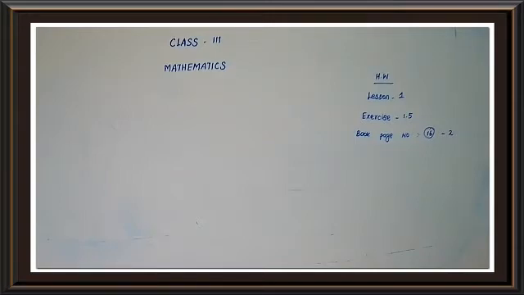T-R-U-E, true. Then see the next one, D: 84,256 is written in words as 80,000 and 4,256. Is it correct or wrong?